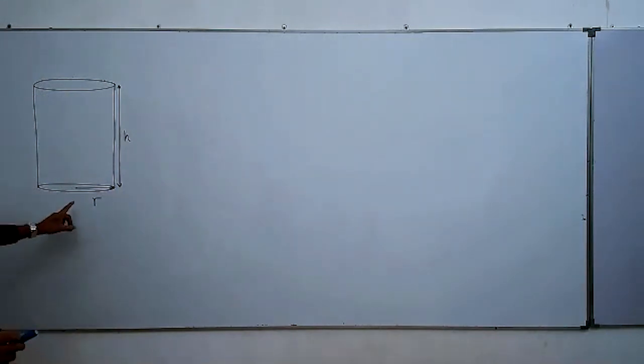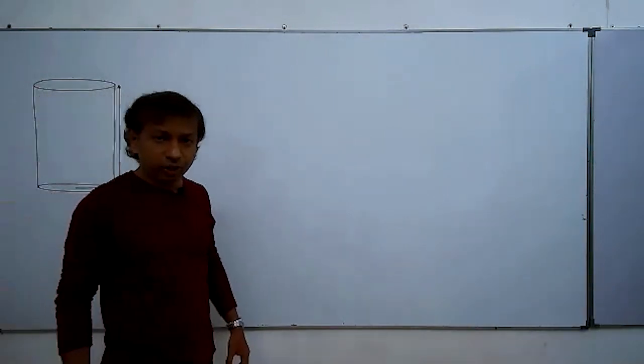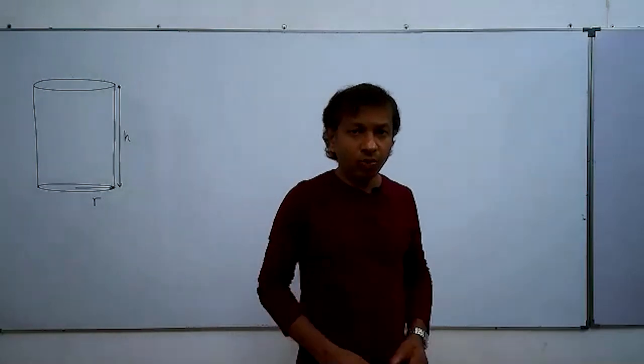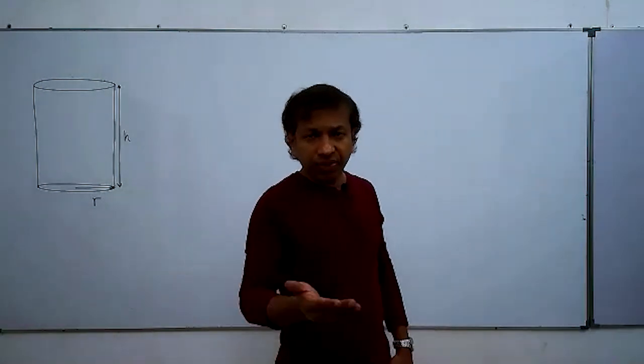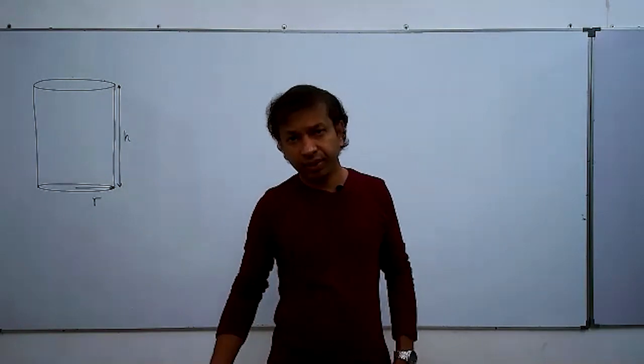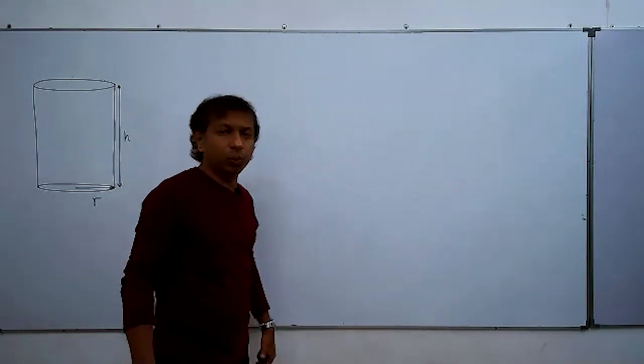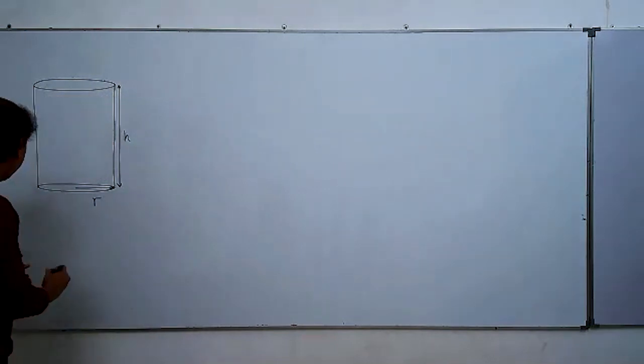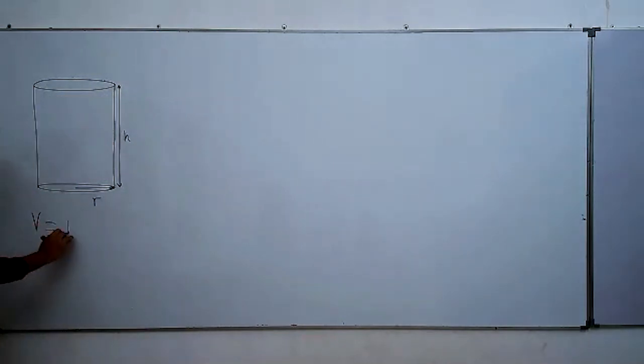I'll take the base radius as r and the height of the can as h. First, we'll write, people, one expression for volume. Volume of a cylinder is base area pi r squared into height h. This volume should be, people, 1 liter.